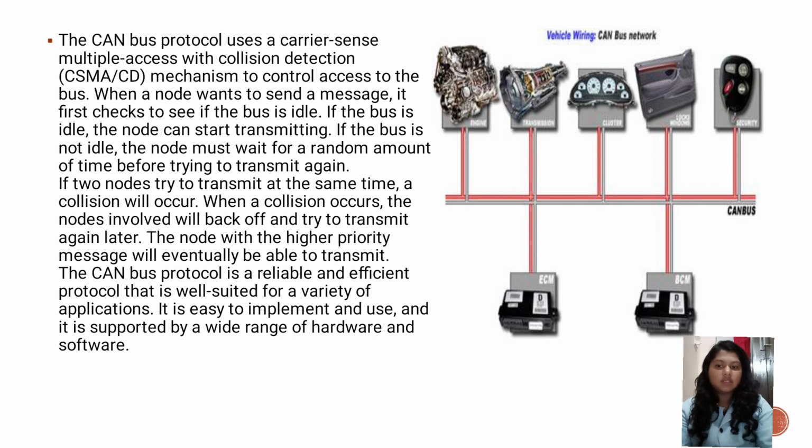If the bus is not idle, the node must wait for a random amount of time before trying to transmit again. If two nodes try to transmit at the same time, a collision will occur. When a collision occurs, the nodes involved will back off and try to transmit again later. The node with the high priority message will eventually be able to transmit.